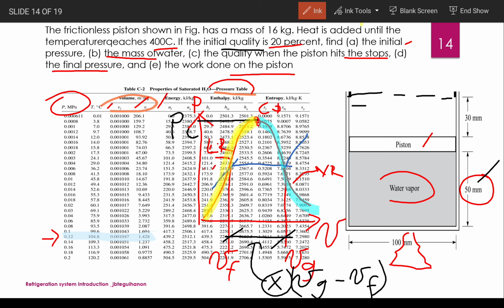Your piston will be in this position, and your total height will be this one here, that is 50 plus 30, and that's going to be 80. I cannot write it down because it's on the edge, and I cannot erase it, so I have to move it a little bit inside.